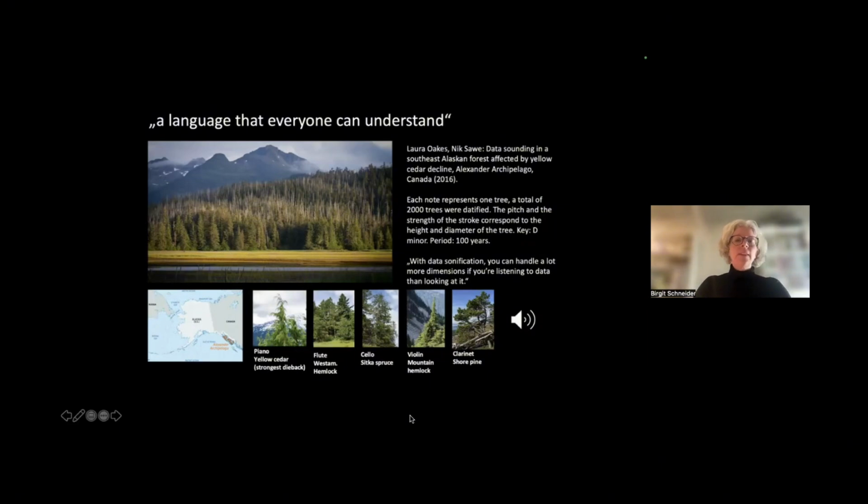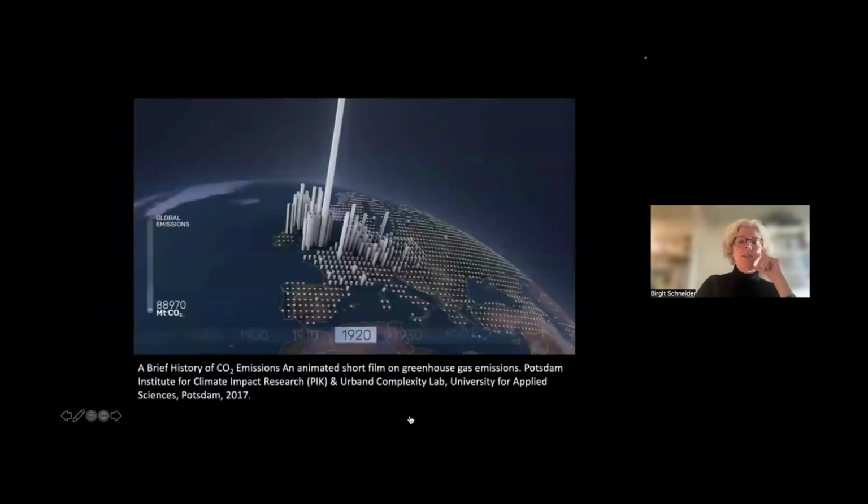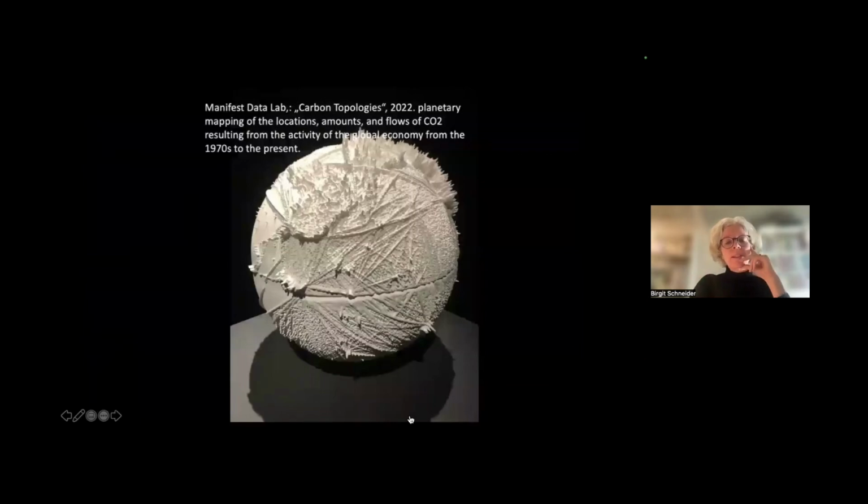I will now swap a few slides which make climate change graspable, because this is, of course, the third concept next to visualization and sonification. It's also data sculptures are there to make climate change graspable.